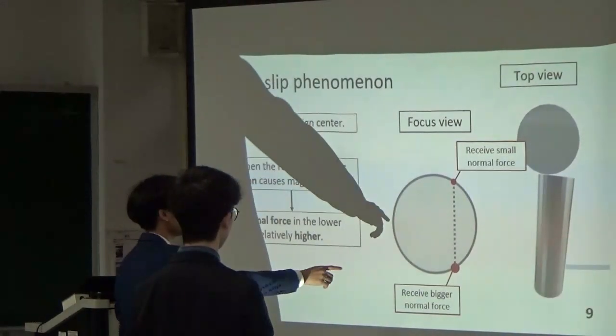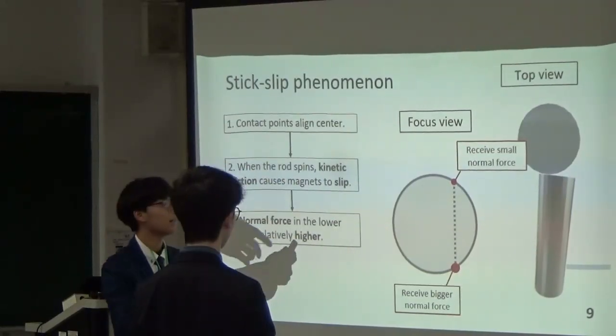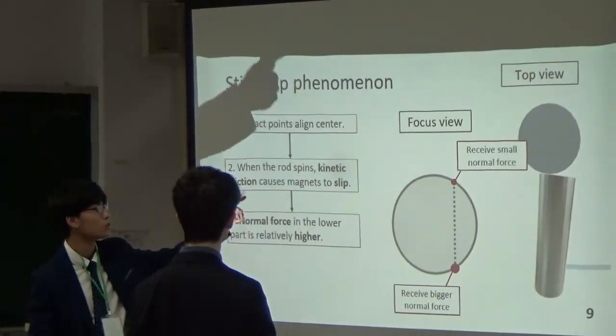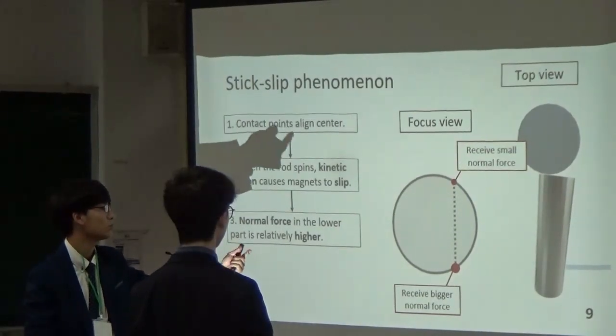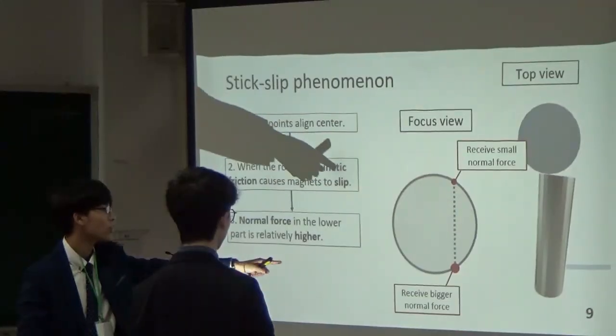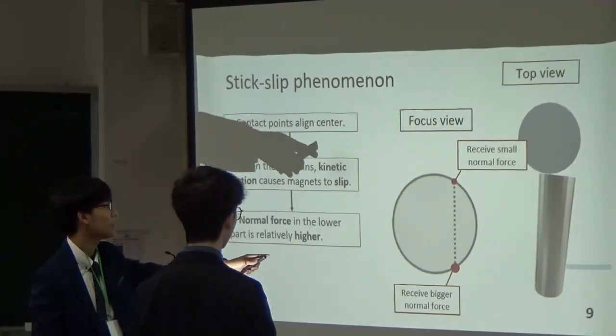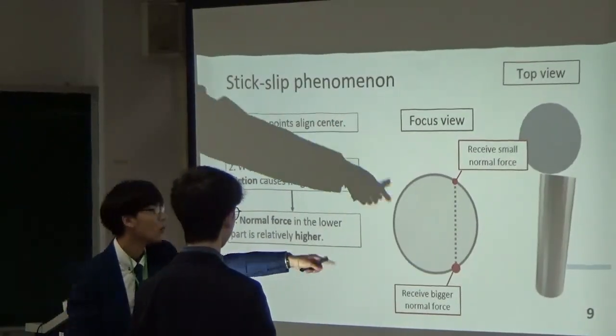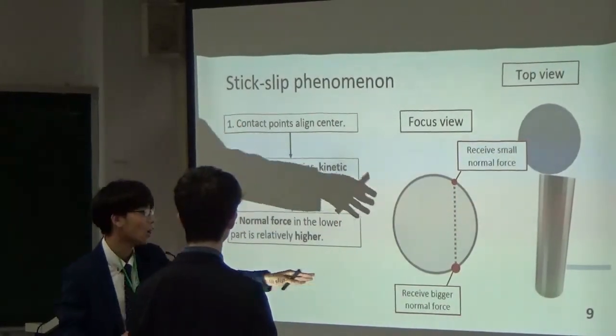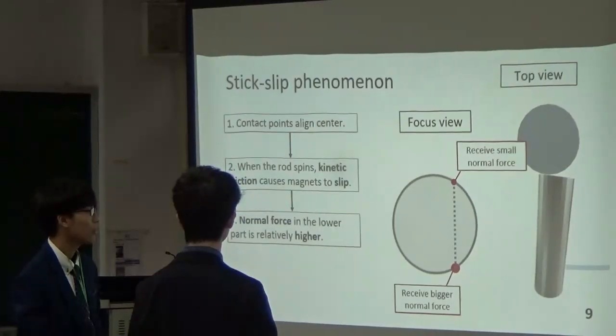It would have to receive a bigger normal force, so the contraction between these two would be positive, and it would cause the magnets to pivot around that point. If it doesn't have a bigger normal force, then the climbing will not happen at all. And the lower contact point having a bigger normal force also proves our assumptions.